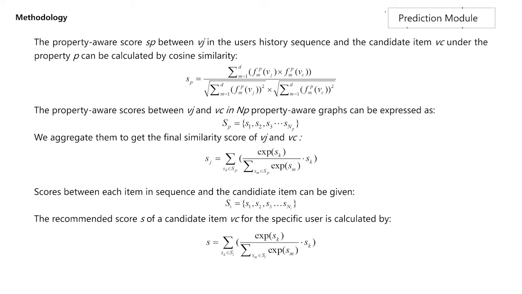We aggregate them to get the final similarity score of the two items V_j and V_c. Scores between each item in the sequence and the candidate item can be given as another set S_i. Then the final recommendation score of V_c for the specific user can be calculated.